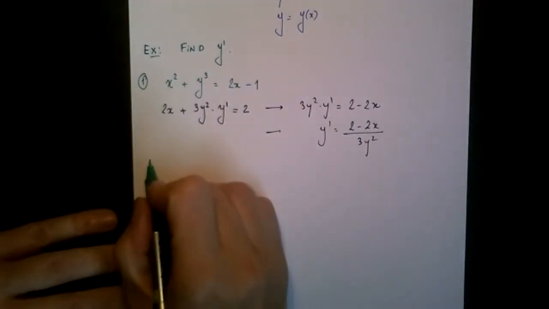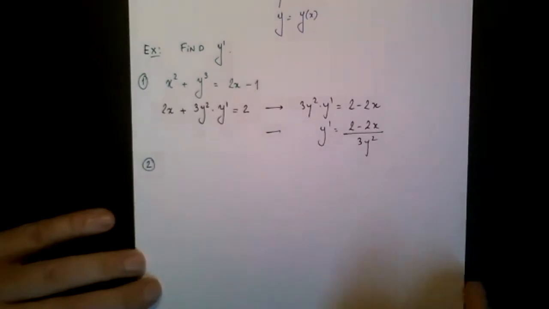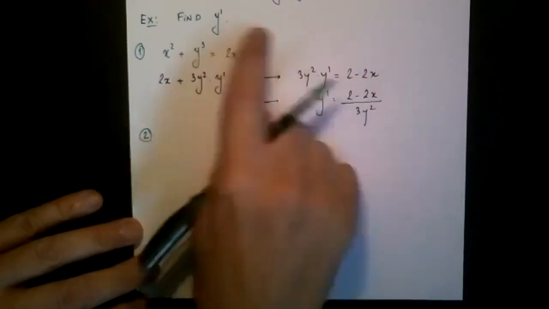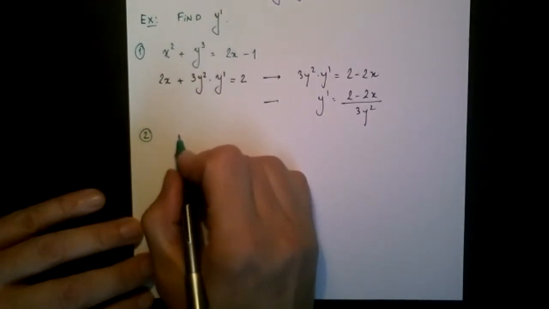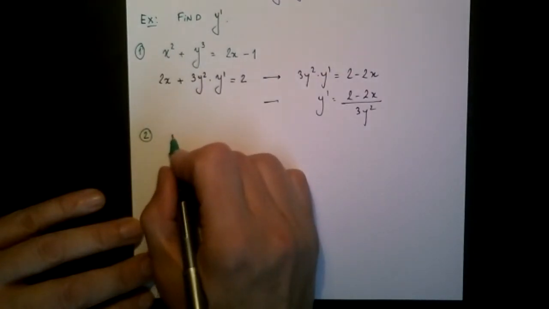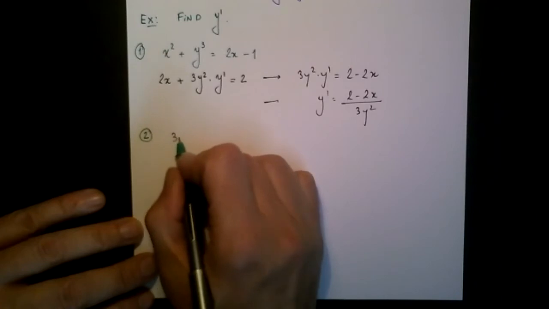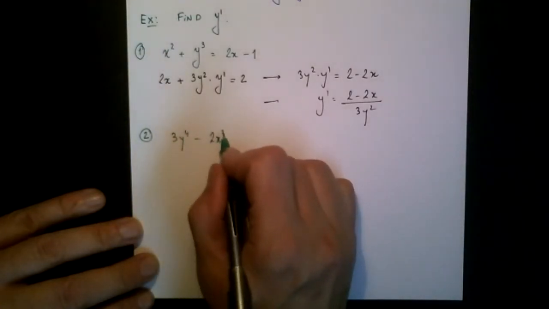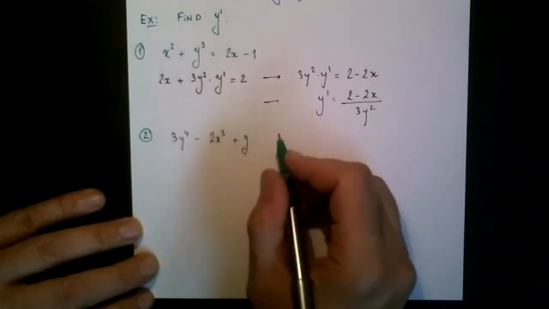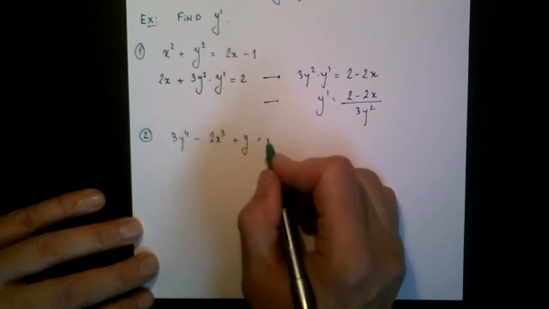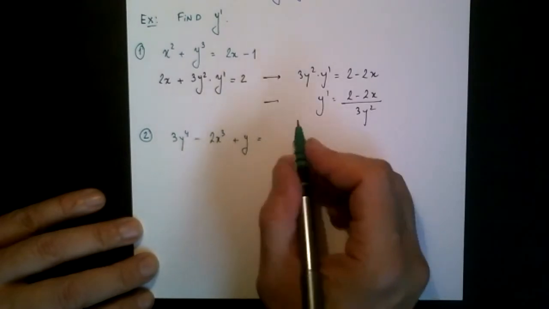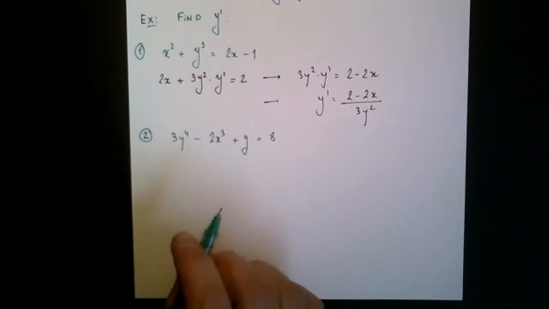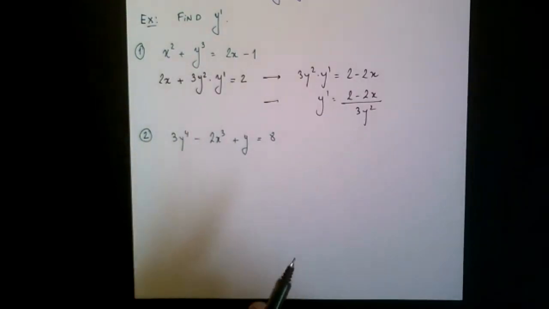Okay, so let's do question 2. I'm going to leave this in front of you so you could base yourself on it. So let's say 3y⁴ minus 2x³ plus y equals 8. Let's find y prime here.